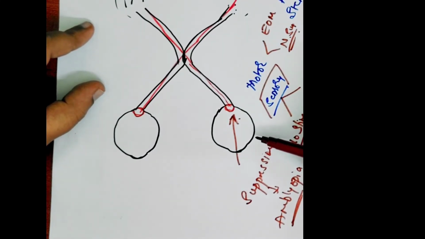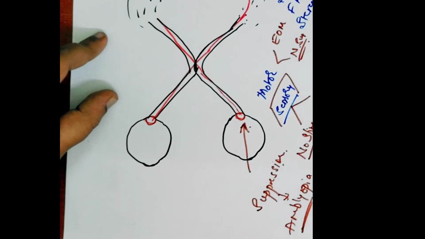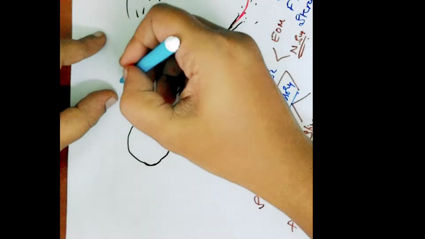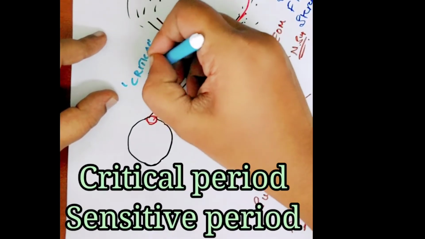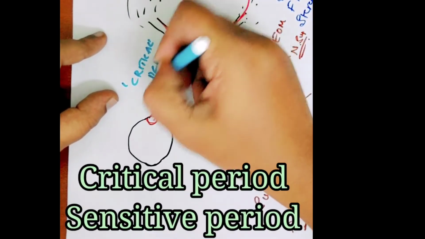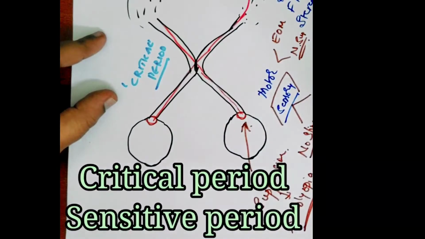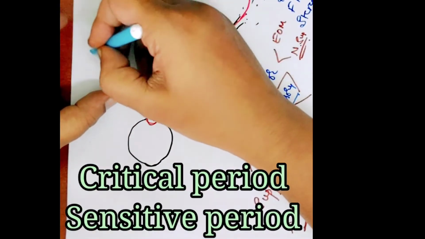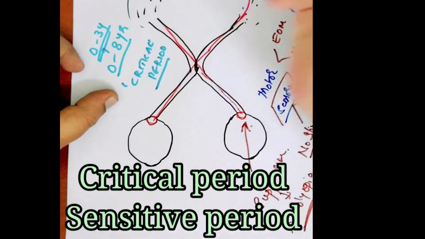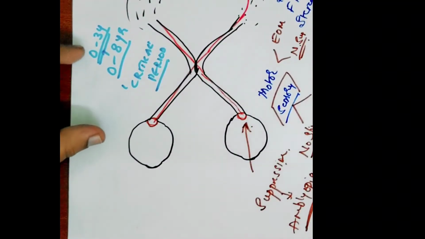Eventually this eye is suppressed and ends up in amblyopia. All these things happen in a particular age, called the critical period or sensitive period of development, which is usually from 0 to 8 years. Within this, the initial 0 to 3 years are very crucial for the normal process of fusion to happen.